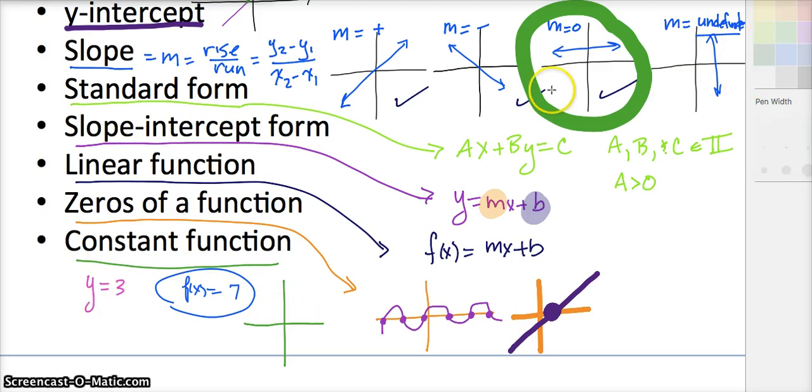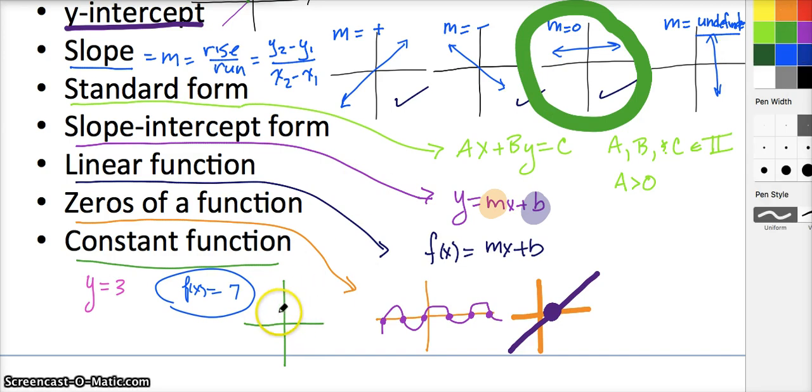All right, so when I have this pink equation that I'm going to be graphing, I go 1, 2, 3 along the y-axis, and I simply draw a horizontal line. That's it. And if it's the other one that I'm dealing with, then obviously you guys know I'm going to go up to 1, 2, 3, 4, 5, 6, 7, and draw a horizontal line. And that's how we draw constant functions. You know you got a constant function if it's a horizontal line.